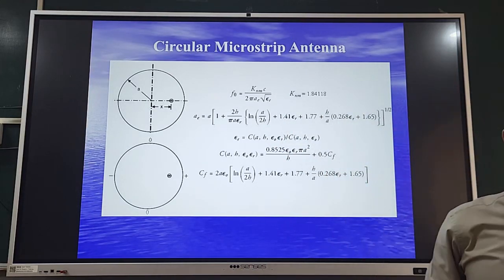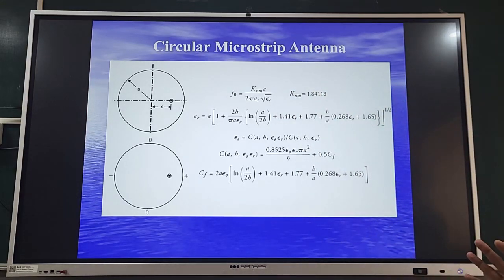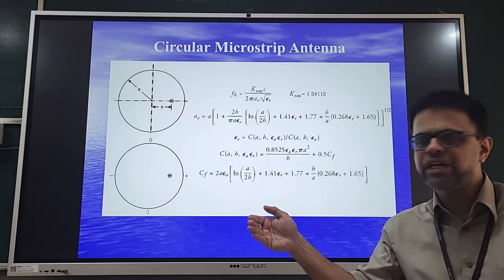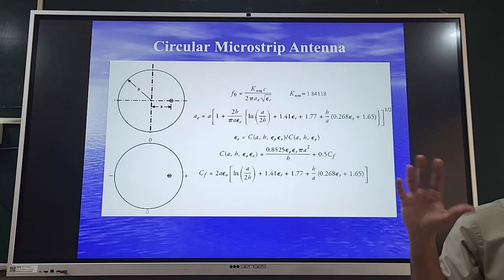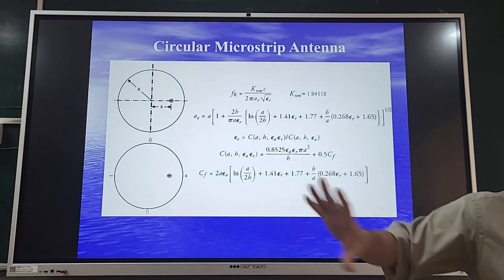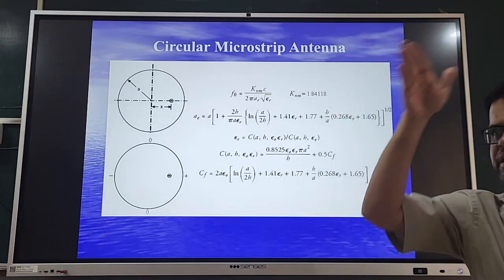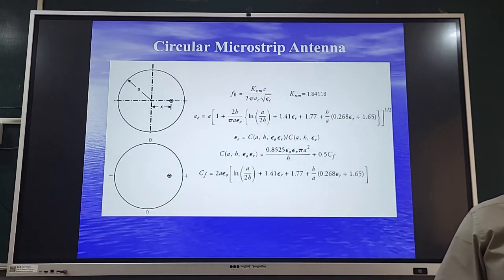If you take the ratio of that, it is not a harmonic progression. 1:2, it is not there. So even if you design a circular microstrip antenna at 900 MHz, the next mode frequency TM21 is not double the frequency of the first one. Maybe it is around 1500, 1600. So that harmonic separation for the next higher order mode frequencies is given by the circular patch against the rectangular patch.